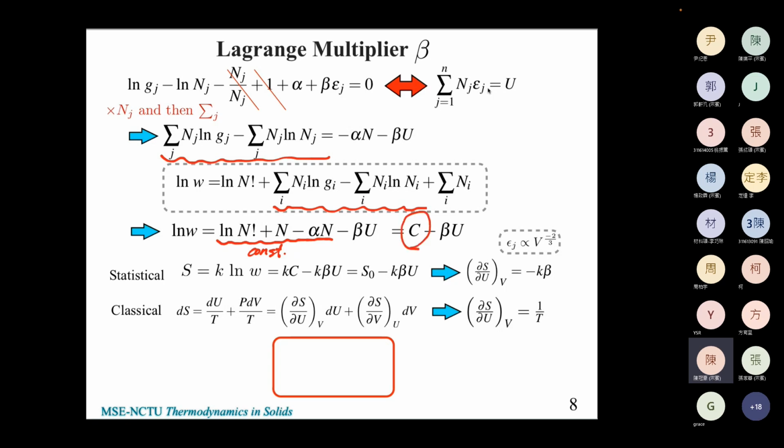So you can say this is a constant C here. So natural log W equal to C minus beta U.